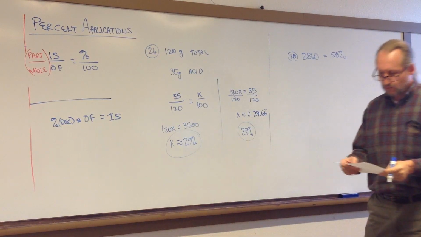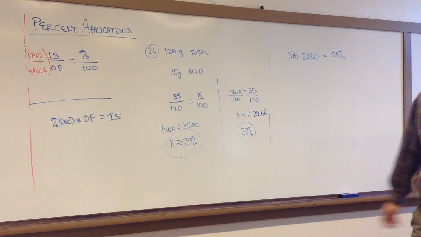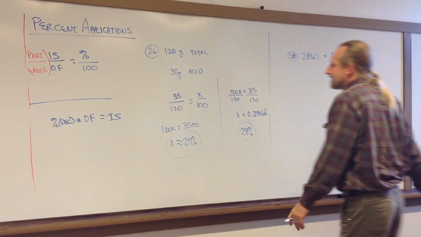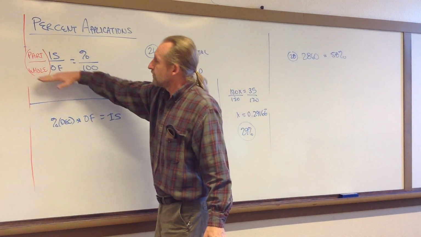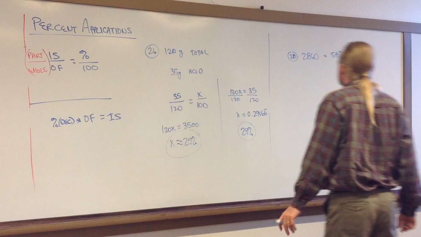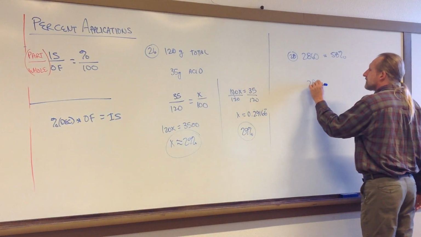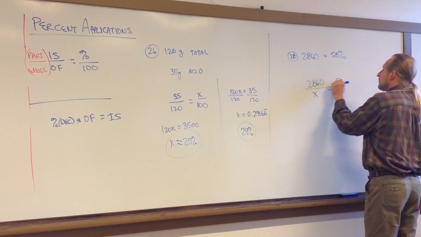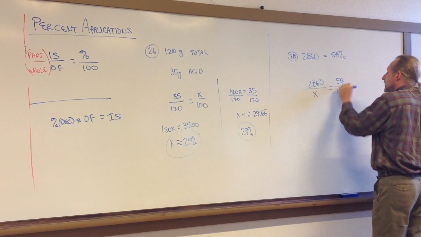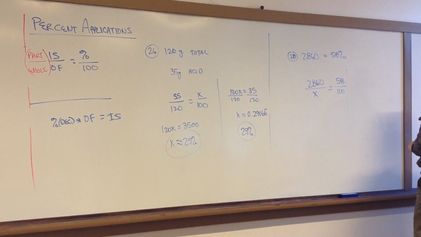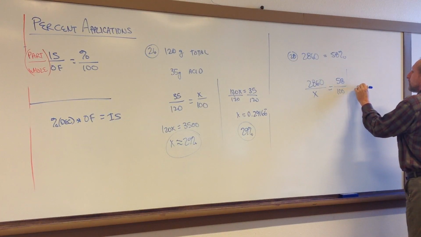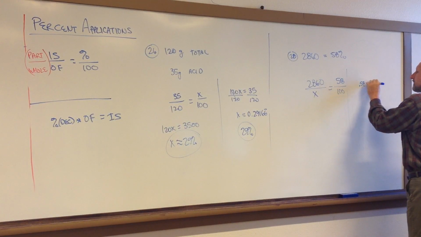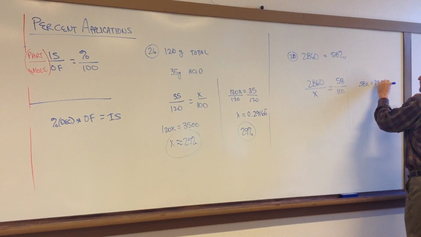Approximately how many votes were cast? Okay, and I'll add in all, right? Because that's the total, that's the whole, that's what we're looking for. That's the of piece. So 2,860 is our is. We're looking for of. The percentage is 58, and so we just need to find x. In this one, it would be 0.58 times x equal to 2,860.